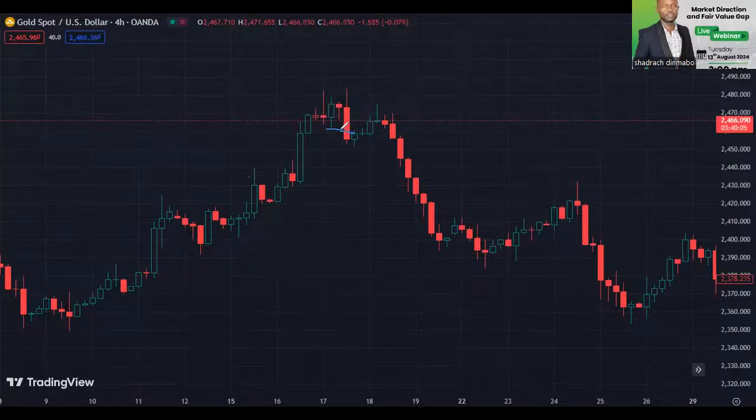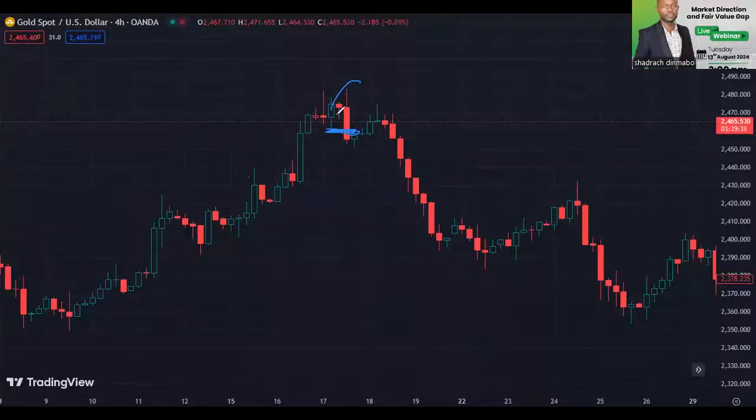This one did not really create a fair value gap for us, because it seems to be like the mother candle. This other one is lying side by side with it, so normally we're supposed to take this and this. This did not actually create a gap for us, so this one is invalid.